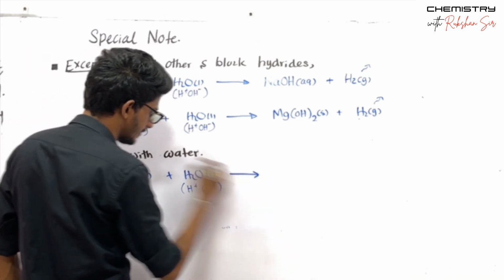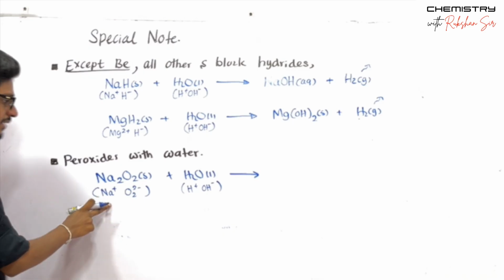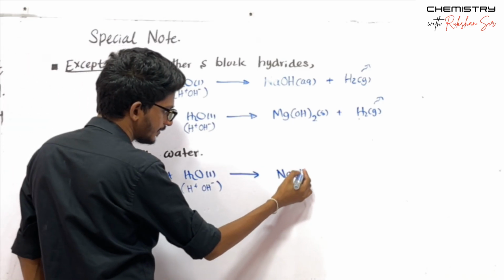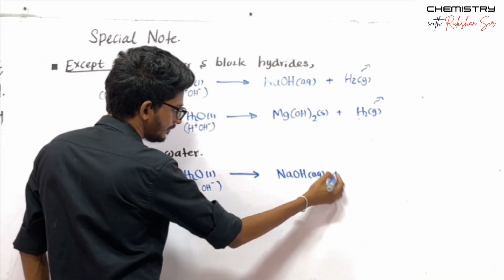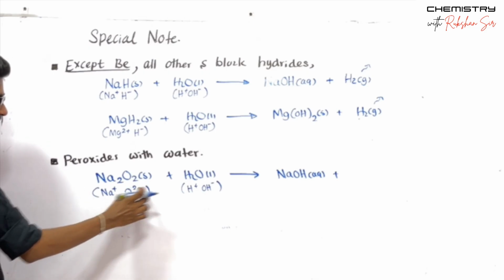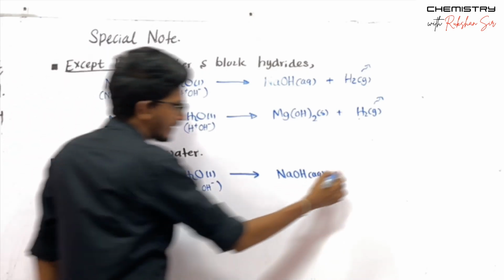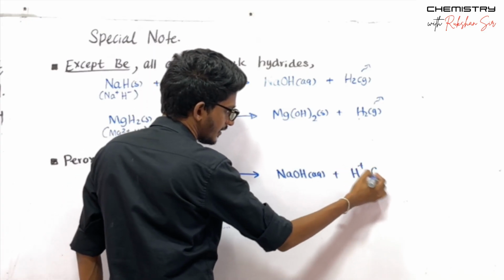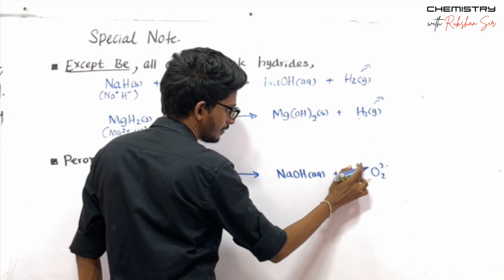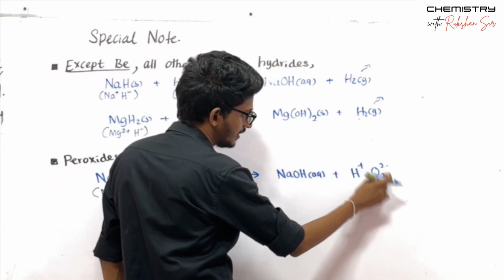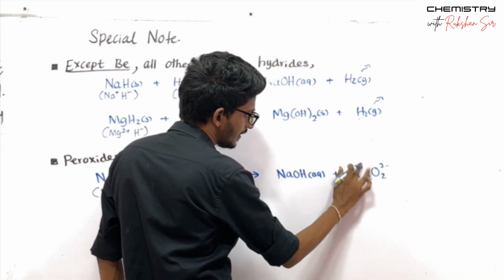Come up with products. Na plus connected to the OH minus is going to be NaOH, and O2 2 minus connected to the H plus. If you exchange the valencies, one comes here, two comes here, that is H2O2.